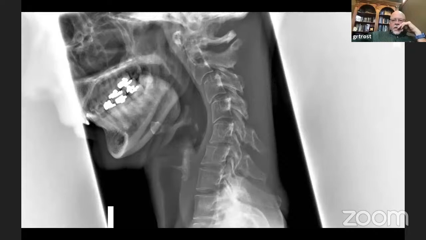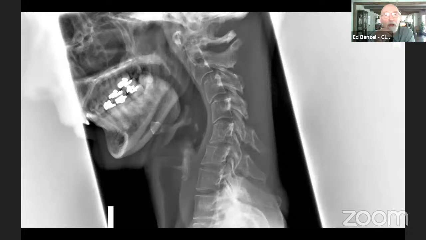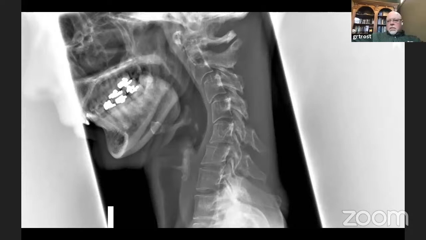Anybody else have suggestions for other studies? You guys are going to have to look at the chat because I can't see it. Well, I'd get any flexion-extension views. I'd like to know what the MRI shows. I want to see what segments are mobile and how mobile she is.